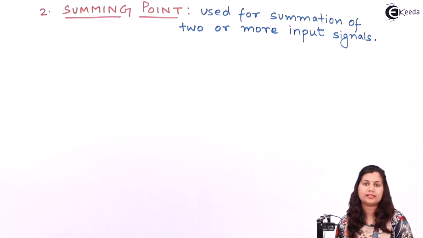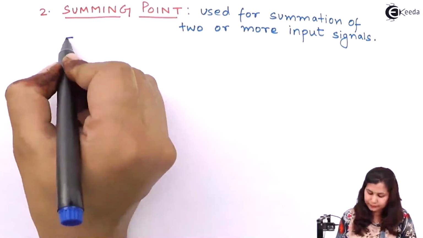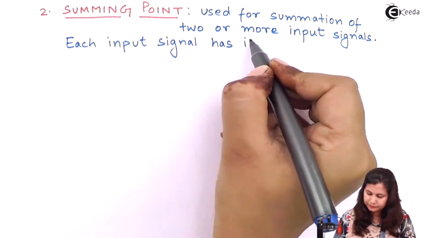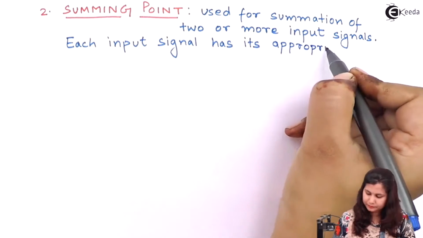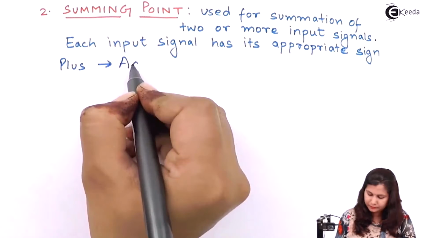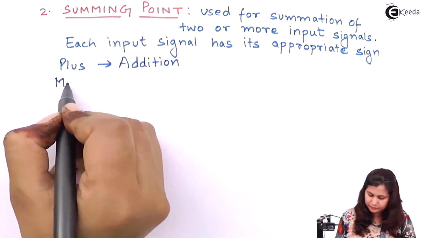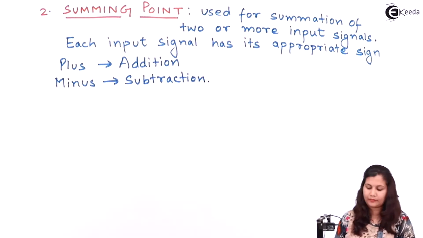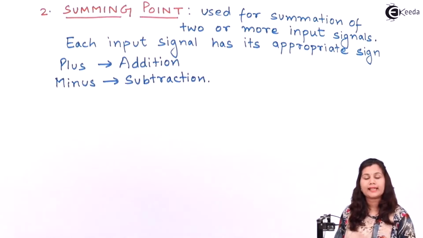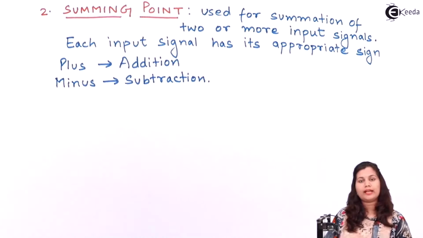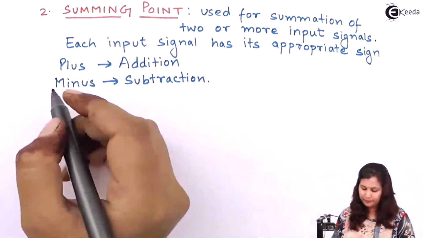And if the input signal has a minus sign, then subtraction takes place. Now the summing point has only one output and this output is equal to the algebraic sum of the inputs.